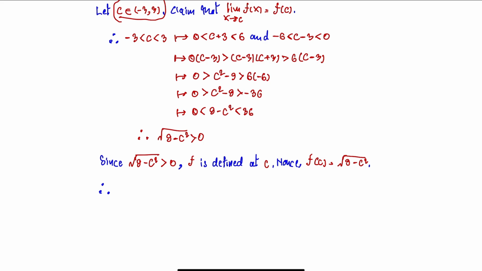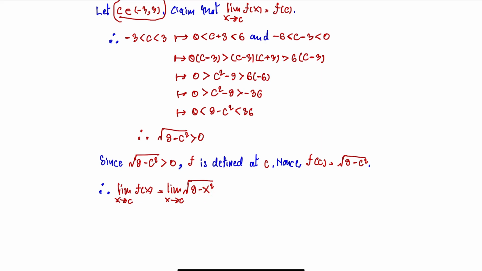So what if we consider the limit of f of x as x approaches c? We're going to have the limit as x approaches c of the square root of 9 minus x squared. And we know that this function f is defined at c, so we can substitute c into this x, right?